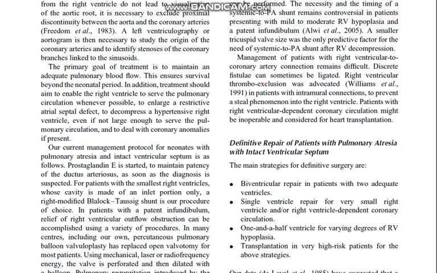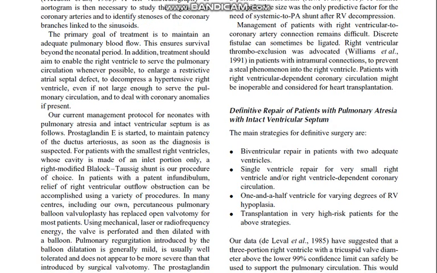For patients with the smallest right ventricles, whose cavity is made of an inlet portion only, a right modified Blalock-Taussig shunt is our procedure of choice. In patients with a patent infundibulum, relief of right ventricular outflow obstruction can be accomplished using a variety of procedures. In many centers, including our own, percutaneous pulmonary balloon valvuloplasty has replaced open valvotomy for most patients.